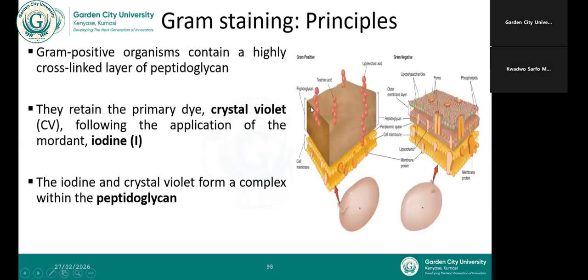So it is a comparison between gram-positive and gram-negative. We see plus here, negative here. Gram-positive cell wall has a very thick peptidoglycan layer. Gram-negative cell wall has a very thin peptidoglycan layer. So the principle is what I've just explained.